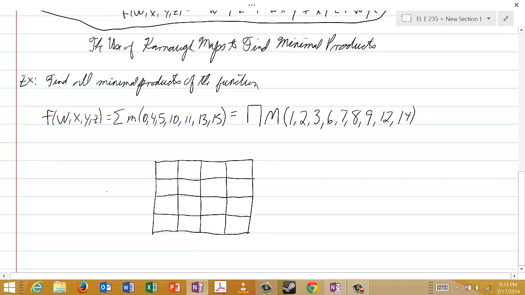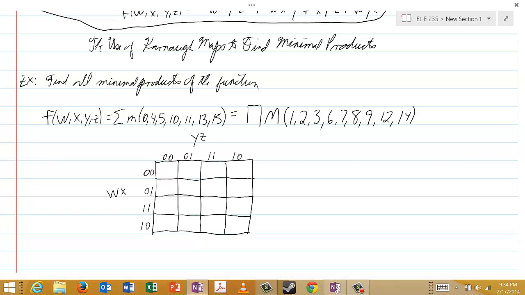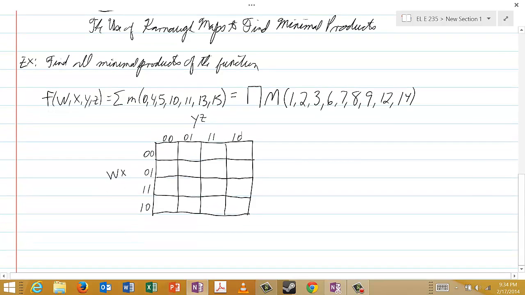And again, we'll put the first 2 independent variables on the vertical axis and the last 2 on the horizontal axis, and we will number in the usual way. And now we will count off the cells in the usual way as well, but since we're identifying max terms now, we will use zeros rather than ones.